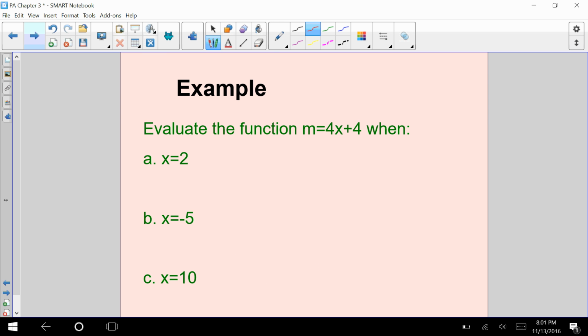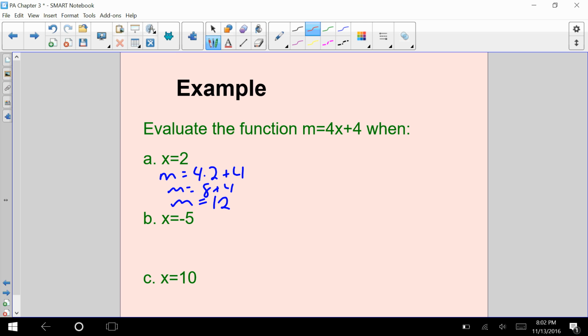Try these three. Evaluate the function m equals 4x plus 4 when x equals 2, when x equals -5, and when x equals 10. When you do these, for the first one, you should take m equals 4 times 2 plus 4. 4 times 2 is 8, plus 4, so m equals 12.